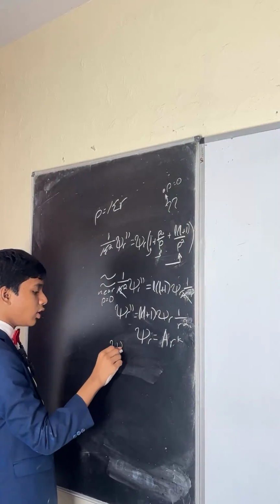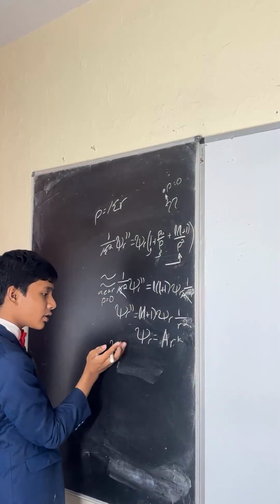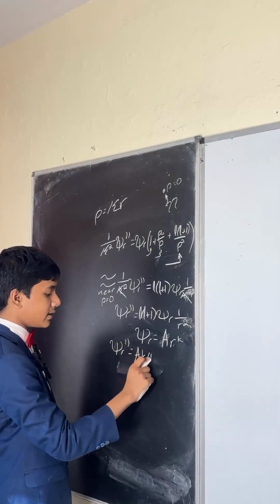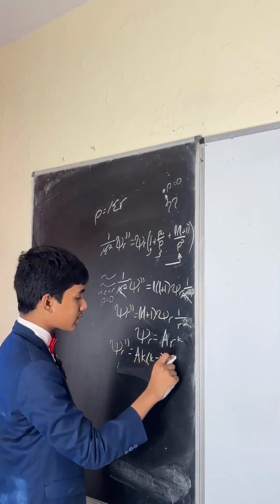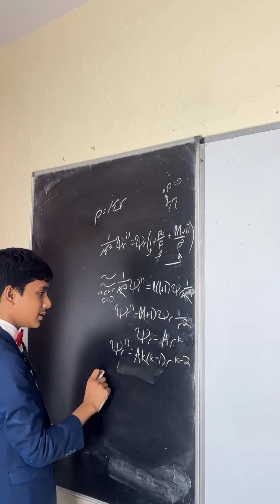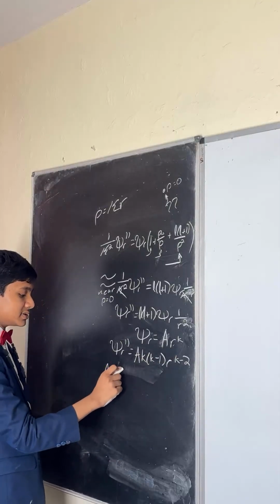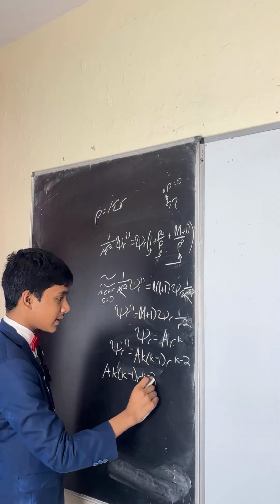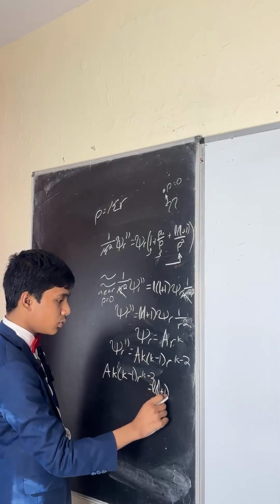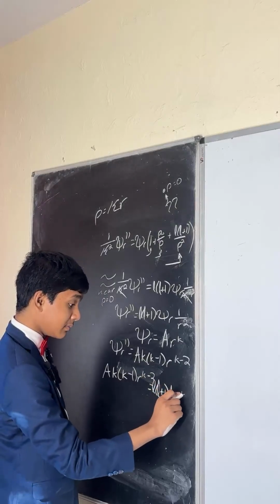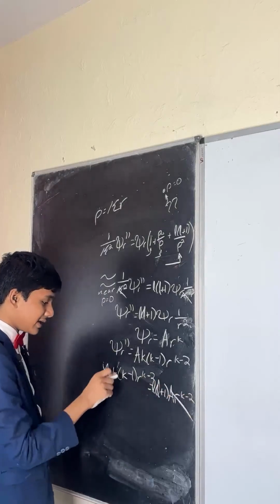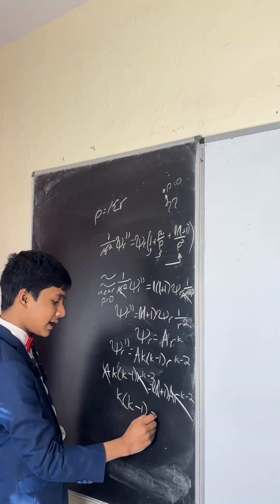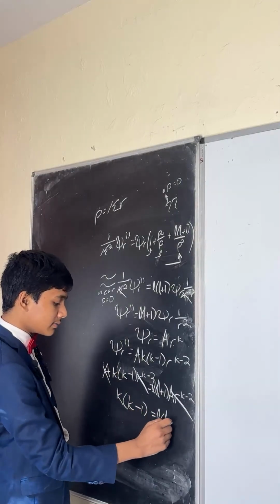And now, solving for that k, we get psi r double prime is equal to a k times k minus 1 r to the k minus 2. And so a times k times k minus 1 r to the k minus 2 has to be equal to L times L plus 1 a r to the k minus 2. So you get to cancel these out, and looks like k times k minus 1 has to be equal to L times L plus 1.